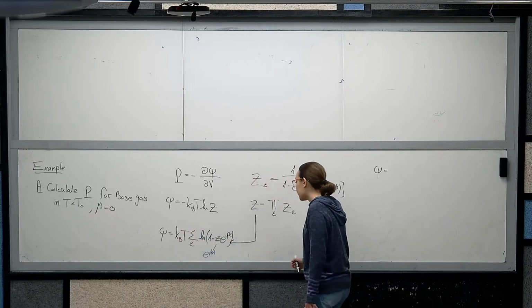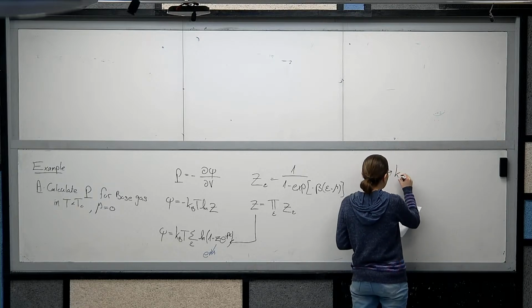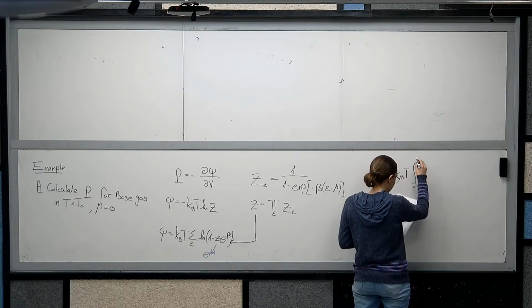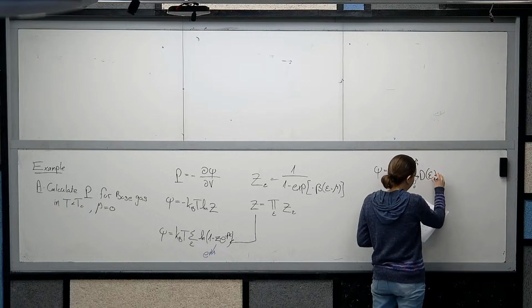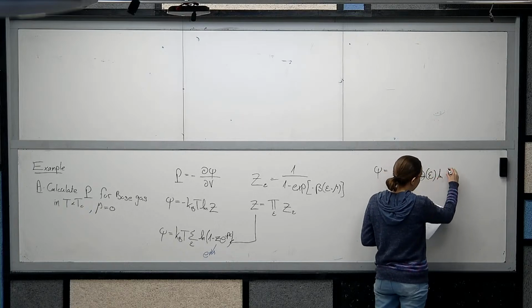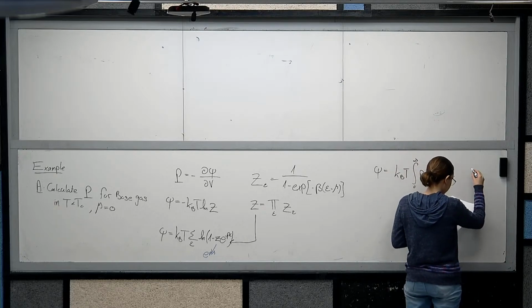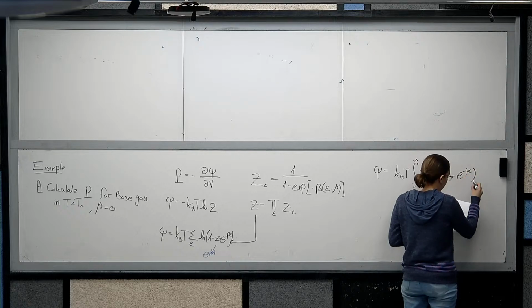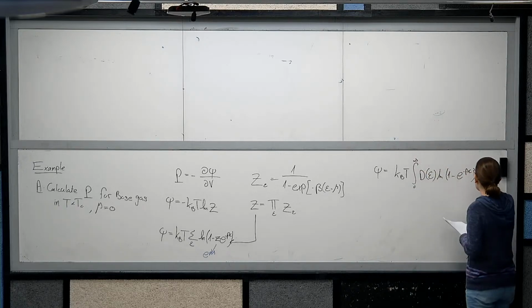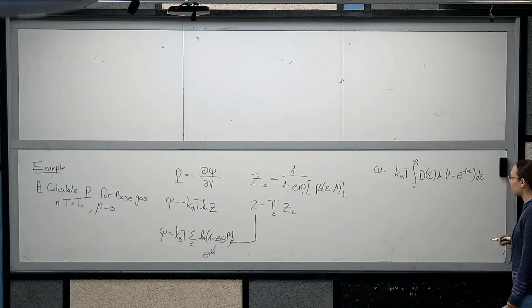Okay, and then we're summing up this summation, and we get here kBT, and we do this integral on all possible energy levels, and we have here the density of states, and we have ln of 1 minus e to the minus beta epsilon d epsilon.